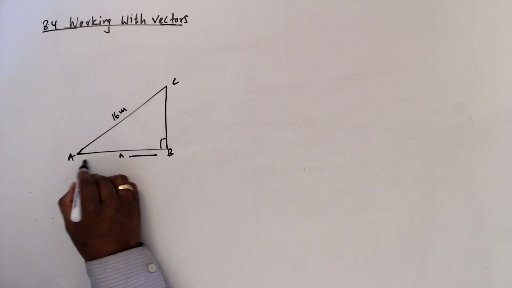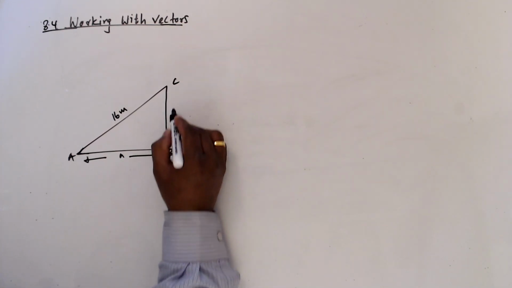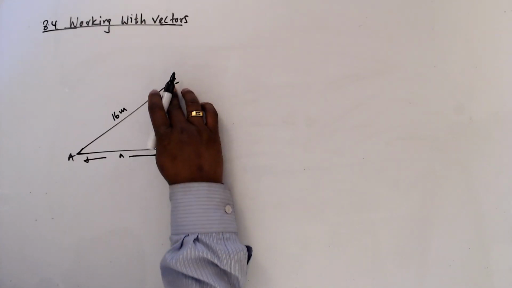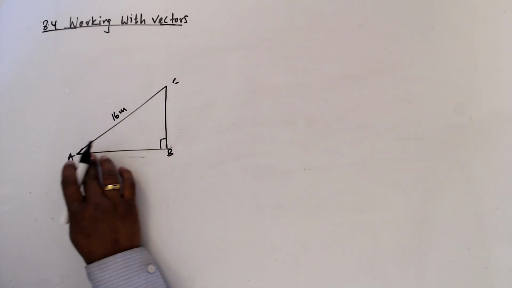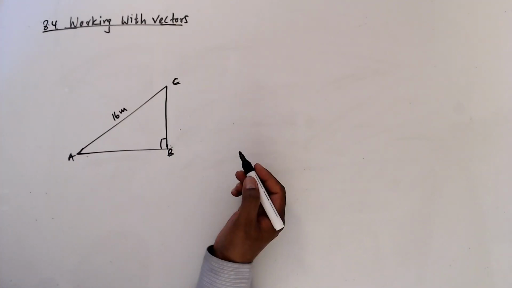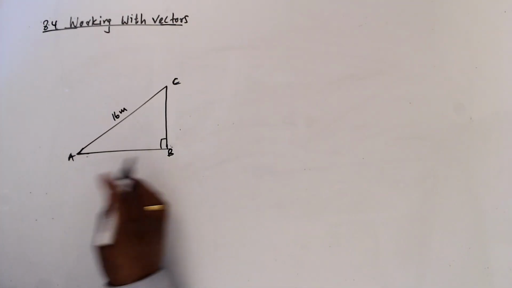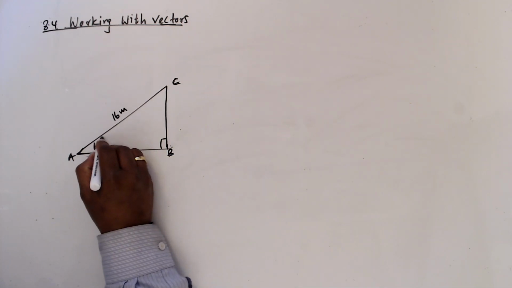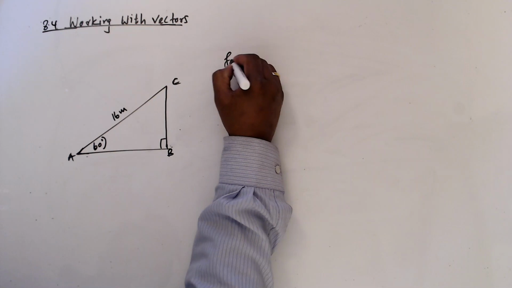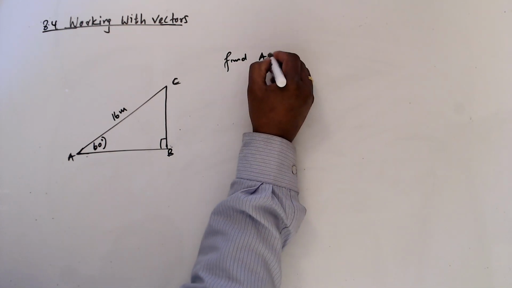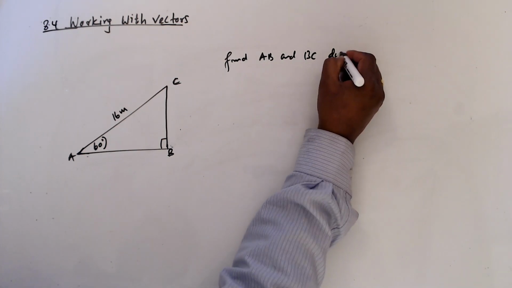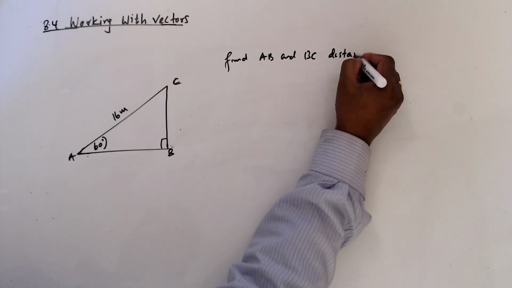This is A and this is B. So we'll write AB distance and BC distance. We can work like that as well. So this angle is 60, right? Find AB and BC distance.